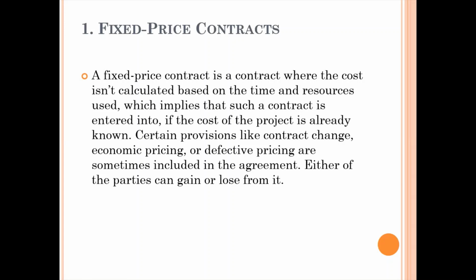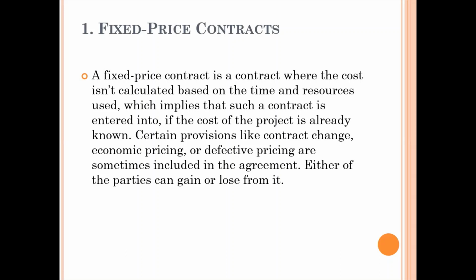Which implies that such a contract is entered into if the cost of a project is already known. Certain provisions like contract change, economic pricing, or defective pricing are sometimes included in the agreement. Either of the parties can gain or lose from it. It means it's a fixed price for any particular task to perform.